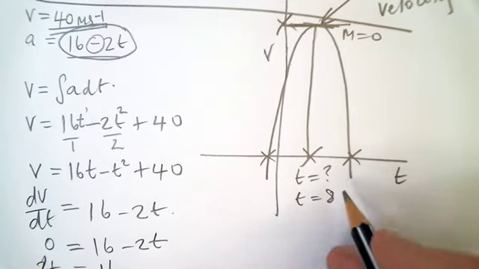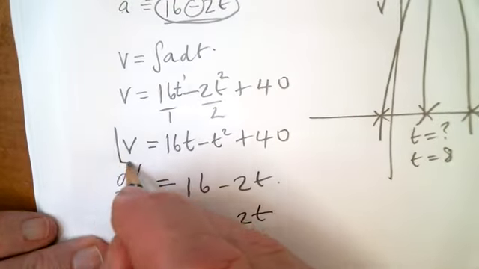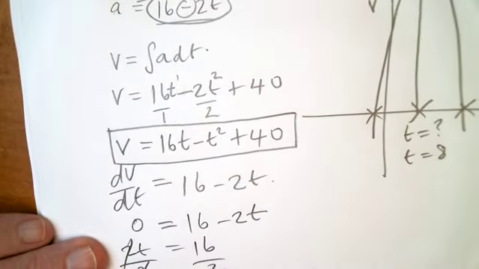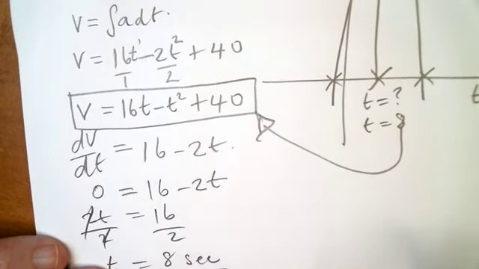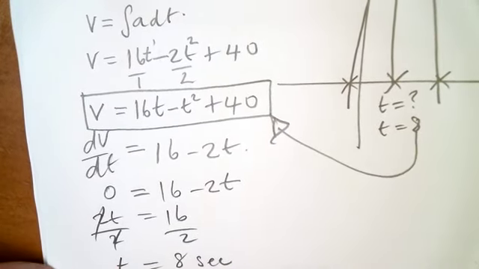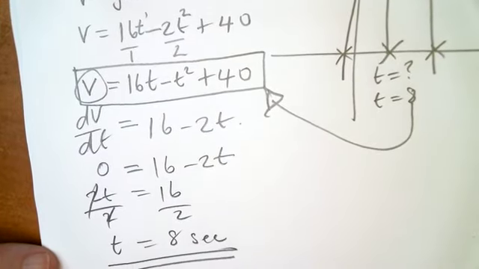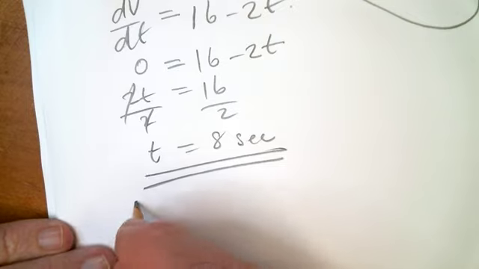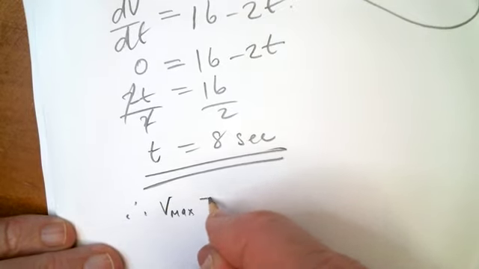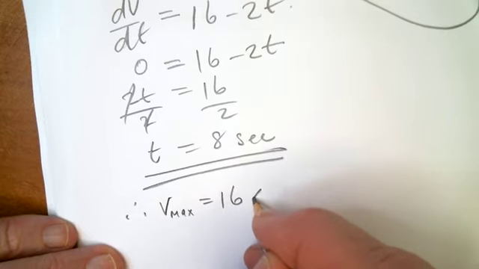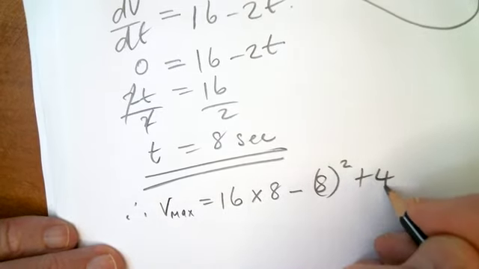Now, if we put that back into the original equation, which is, when I say the original, I mean the equation for velocity, there it is. We put that back into the equation for velocity, we're going to find the velocity at that point. So let's go ahead and do that. So therefore we could say velocity maximum is equal to 16 times 8 minus 8 squared plus 40.